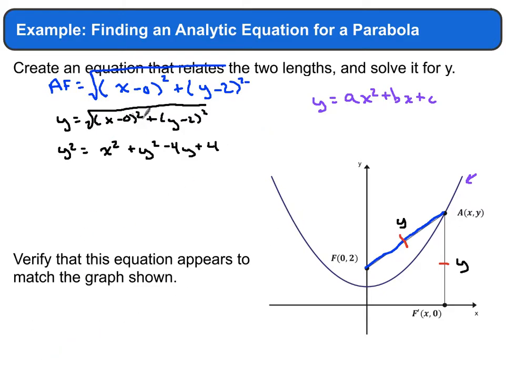We know that since there's a y squared on both the left and the right, these can go away, so they become irrelevant. We can add 4y to this side, so now we get 4y equals x squared plus 4. And if we divide both sides by 4, we get y equals 1/4 x squared plus 1.